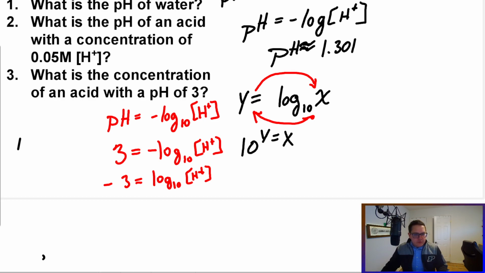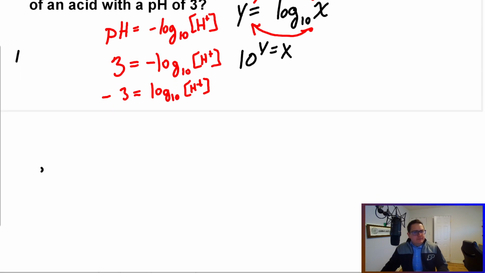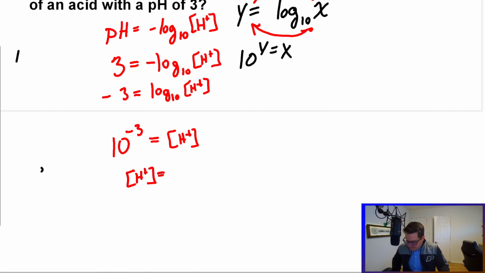That's 10 to the power of negative 3 equals the concentration of hydrogen ions, or protons. So we plug that into our calculator: 10 to the power of negative 3 is 0.001. That's it.